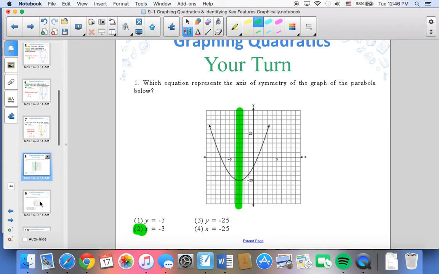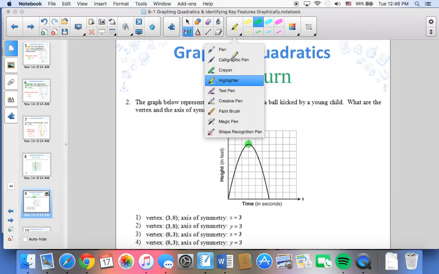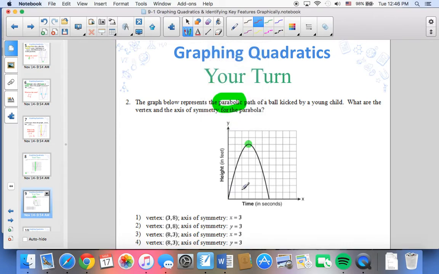Okay, let's look at the next one. The graph below represents the parabolic path. See that word parabola in there? It's making the shape of a parabola of a ball kicked by a young child. What are the vertex and the axis of symmetry? Well, let's find the vertex. That's right here. So the point of that vertex is 3, and then it looks like we're going up 8.